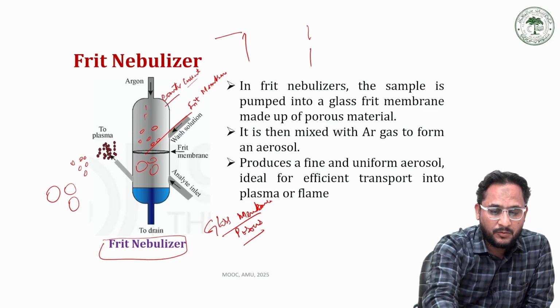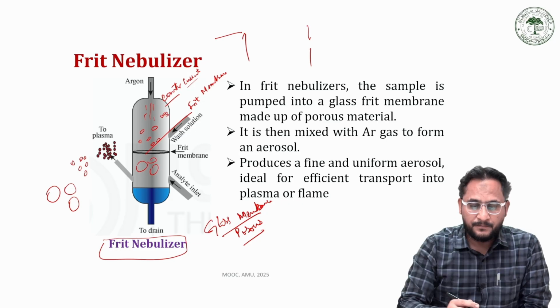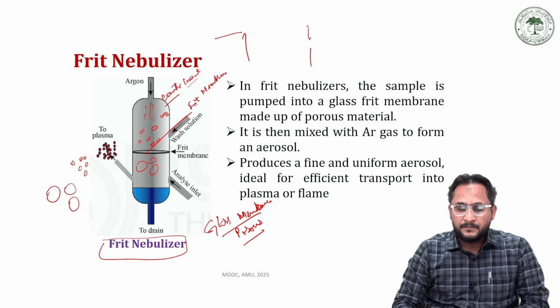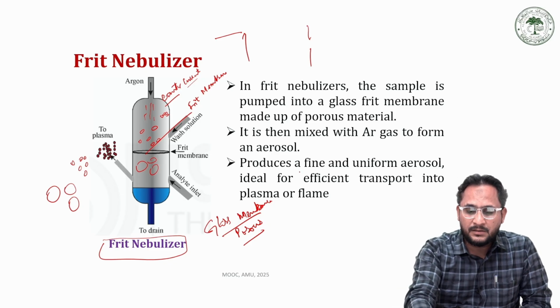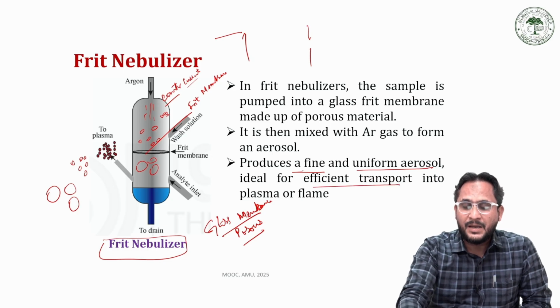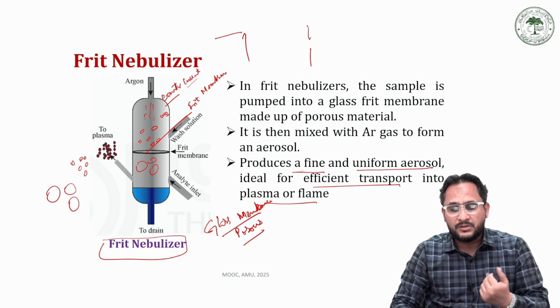They both mix with each other, forming a super fine aerosol, and then this aerosol is passed into the plasma chamber. The advantage of Frit nebulizers is that they produce a very fine and uniform aerosol, and it is very ideal for efficient transport of sample into the plasma, or even for flame direct aspiration we can use these Frit nebulizers.